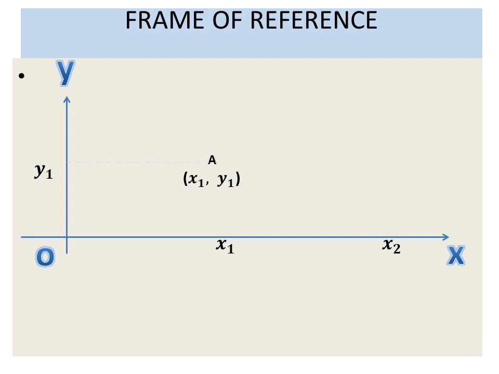Now a body moves from point A to another point B, which is located and denoted by x2, y1. That is the location of point B. The body has moved from point A to point B, and the coordinates are indicated as shown.